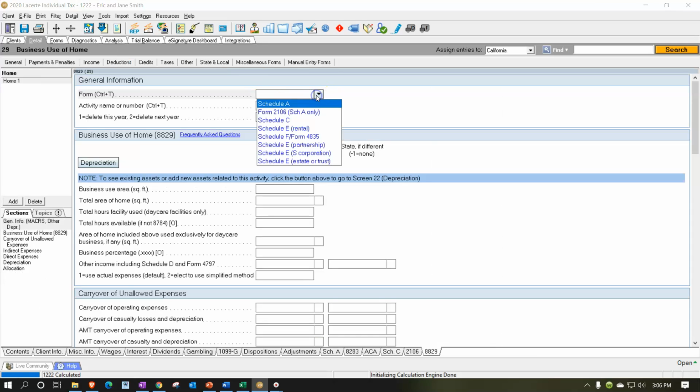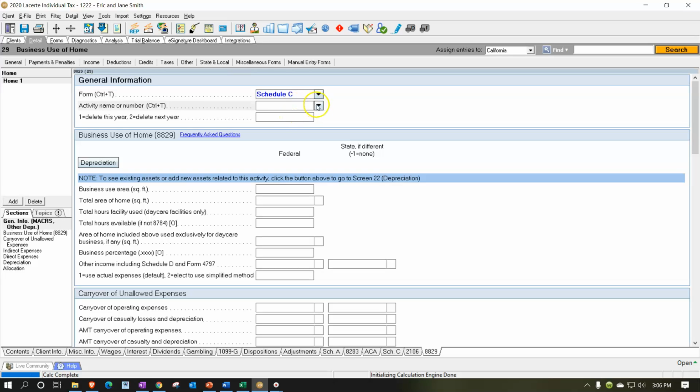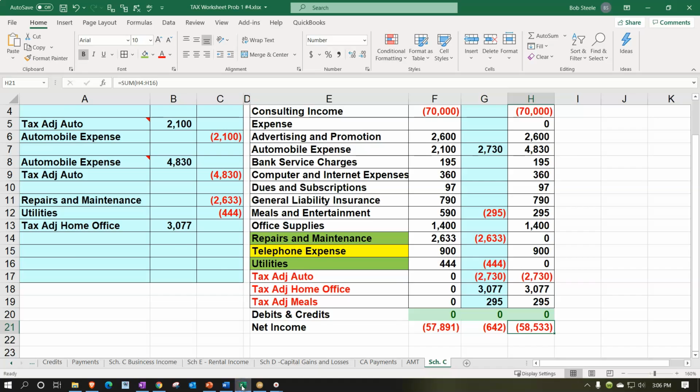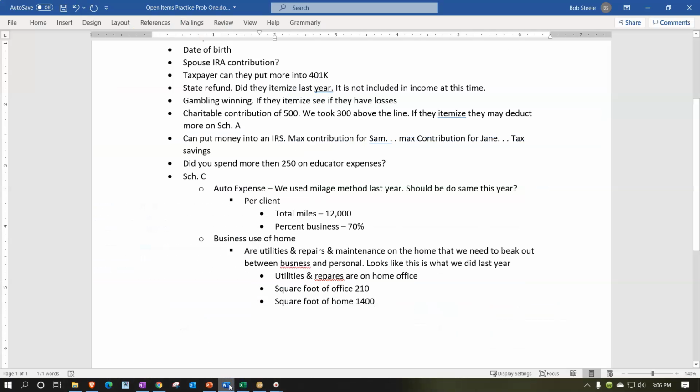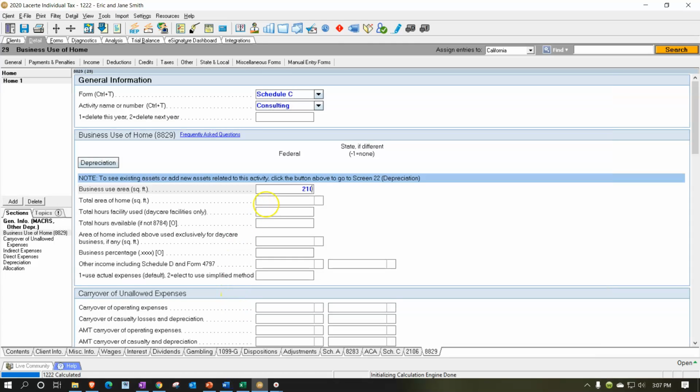So I'm going to say that this is going to go to the Schedule C, and this is going to be for the consulting. And then we're going to do our breakout between the square footage. According to our notes over here that we asked the client, the square footage of the business was 210. So 210 and then 1400 here.